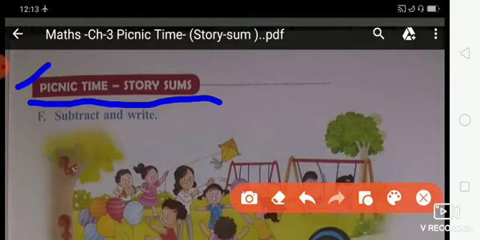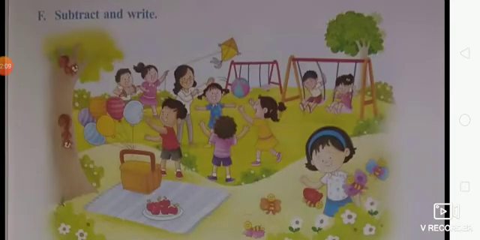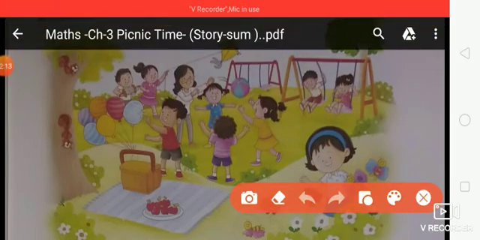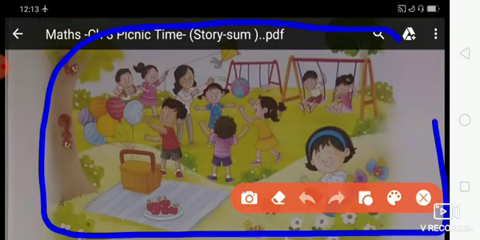First of all, we subtract and write. Students, look at the pictures of picnic time. All the students go on the picnic.